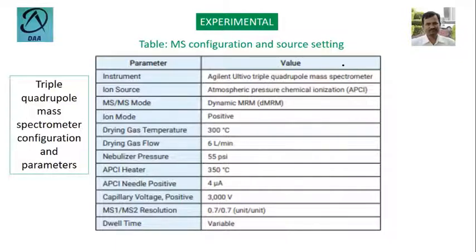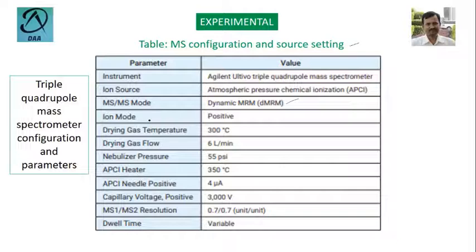Now, the MS configuration and source settings. It is similar for all types of instruments. For Agilent, the MS/MS mode is dynamic MRM, DMRM. This one we will discuss in detail in another class. Here the scope is not there because I am mainly focusing on the determination of nitrosamines by LC-MS/MS.